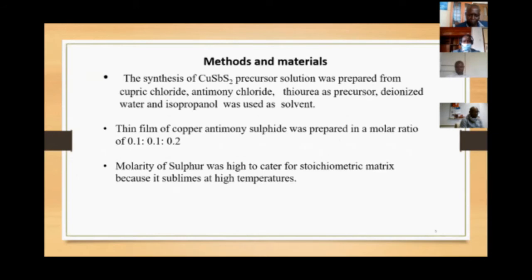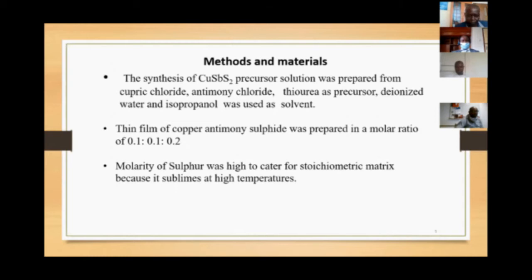Okay, how did I prepare it? I used cupric chloride, antimony chloride, and urea as precursors, with deionized water and isopropanol as solvents. I cleaned the glass substrate, then deposited the films at a molar ratio of 0.1 copper, 0.1 antimony, and 0.2 sulfur.